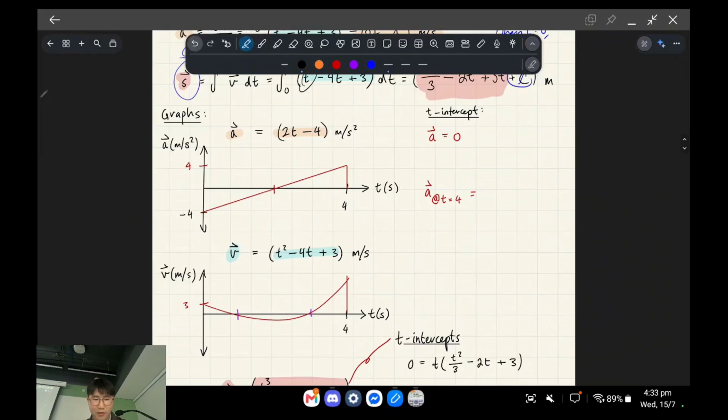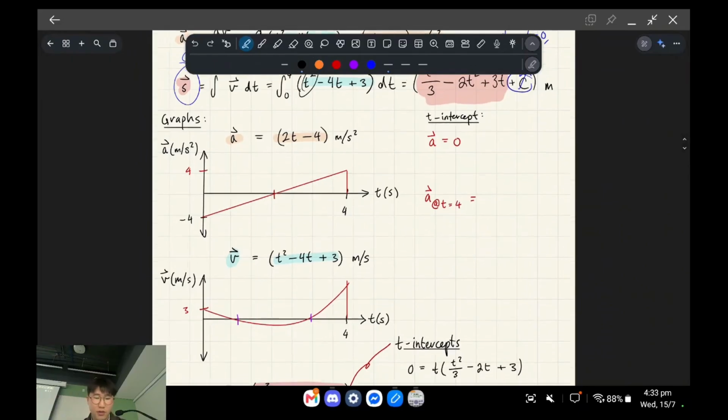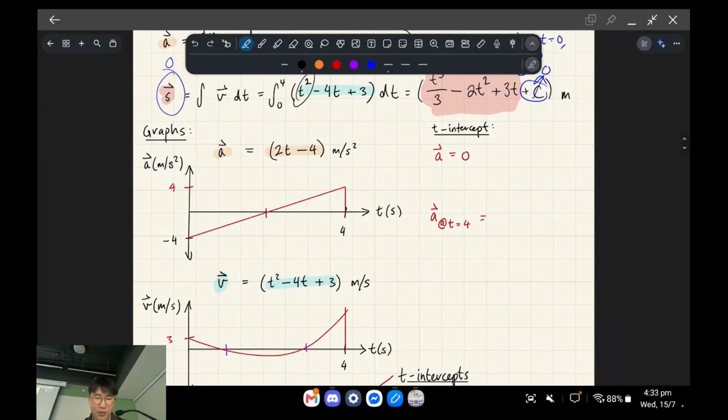Okay, so next we graph it, because we're asked to graph the acceleration versus time and the displacement versus time. So for acceleration, this is the function we have to graph, and it's a straight line function, right? And negative 4 is our y-intercept. If you think of a straight line function, y is equal to mx plus b, negative 4 is that b term, so that's down here, and we've got a gradient of 2.